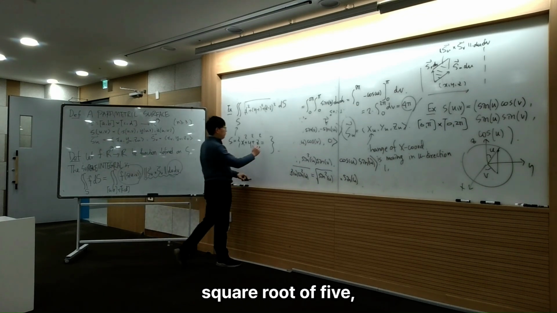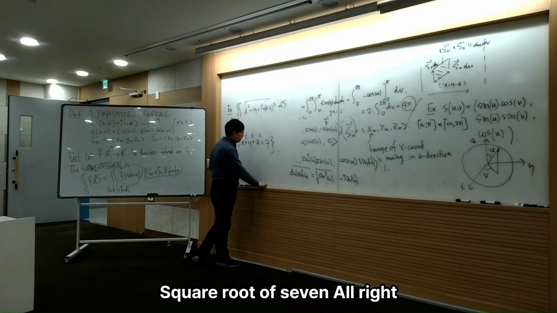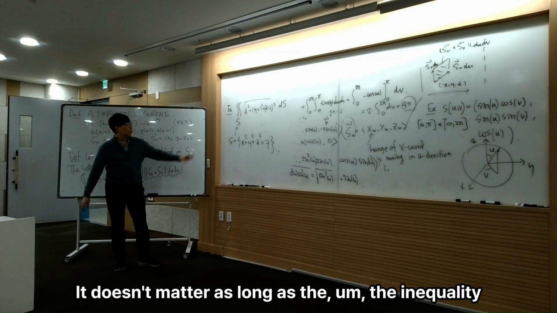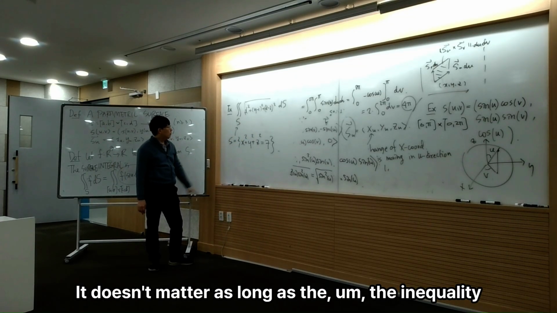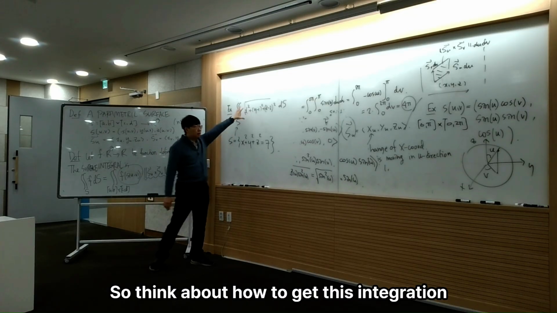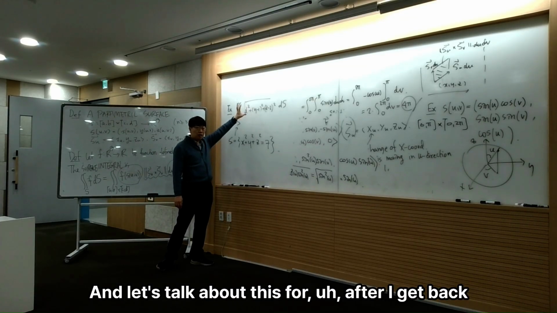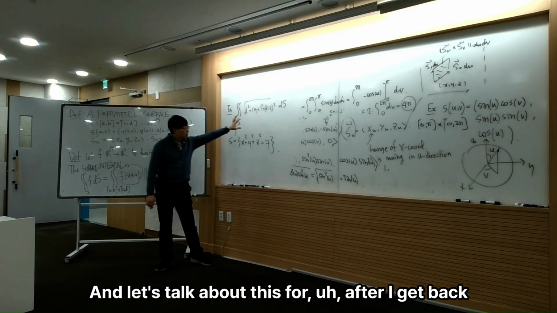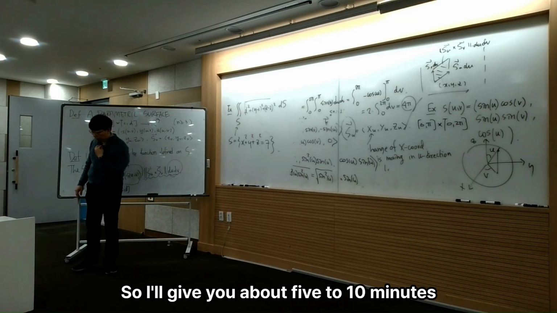Let's say 7 here, square root of 7. All right, it doesn't matter. So think about how to get this integration. What's the meaning of this integration? Let's talk about this after I get back. I'll give you about 5 to 10 minutes. Excuse me for a while.